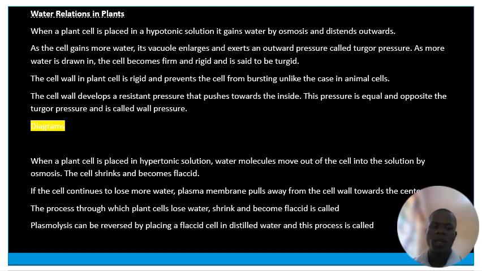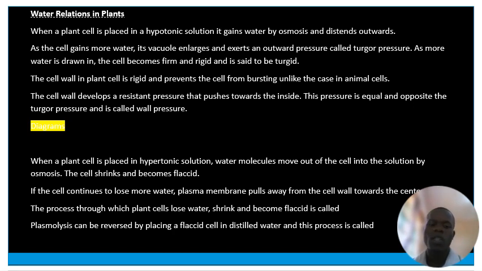In the case of plants, when the same type of plant cell is exposed to the same type of solution, for example the hypotonic solution, the plant cell will gain water by osmosis and distend outwards.